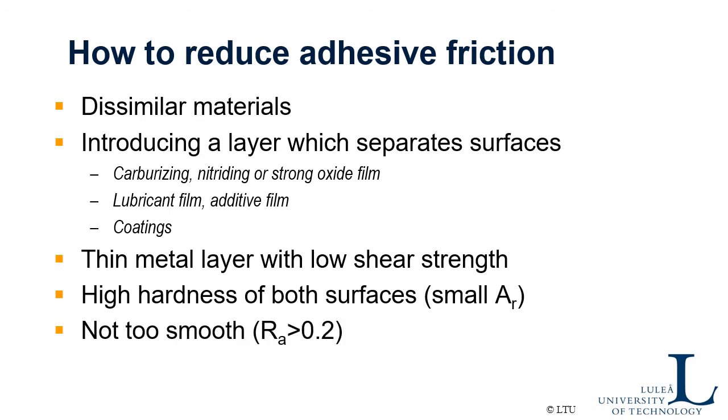And in this case, you should avoid making the surfaces too smooth, for the same reason as the previous bullet here: you want to keep the real area of contact small enough. Don't make it too small, then you get a lot of plastic deformation. But if you keep it at a reasonable level, then you avoid big patches of adhesive forces.